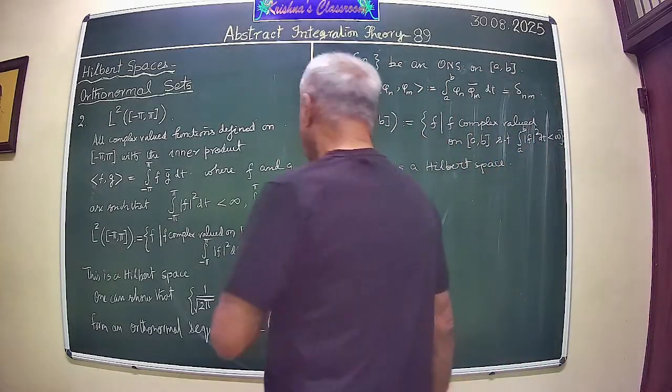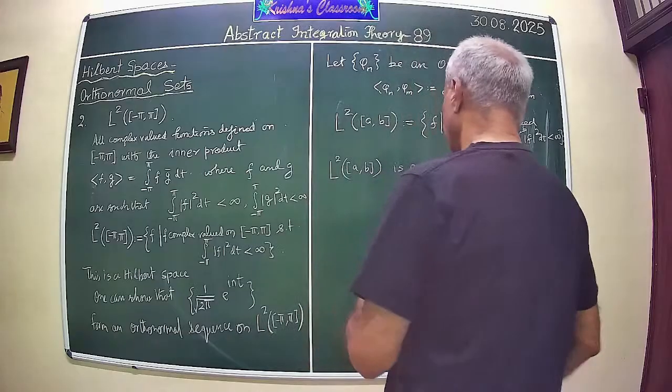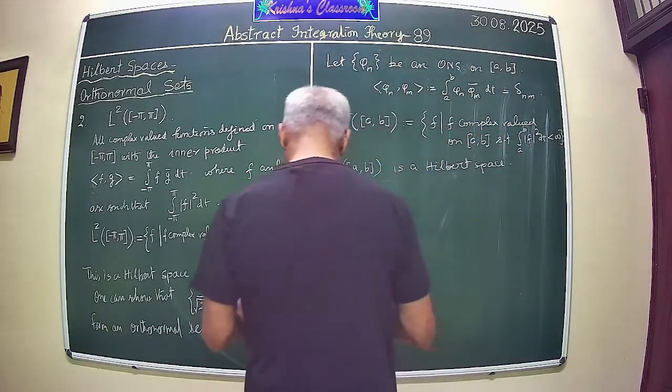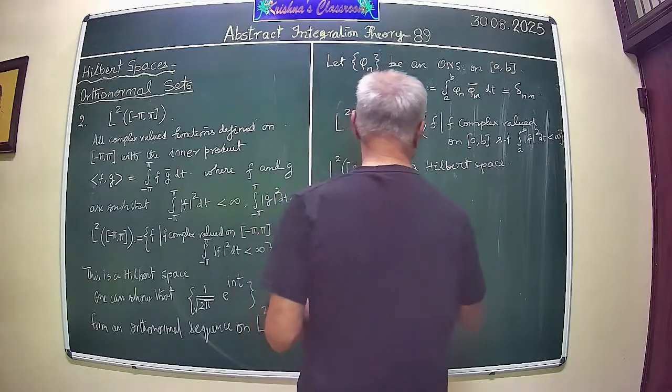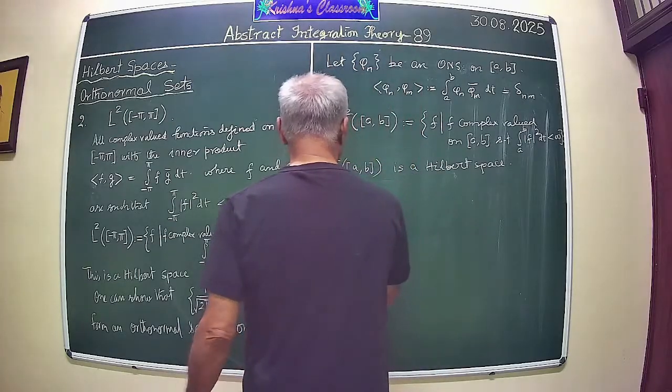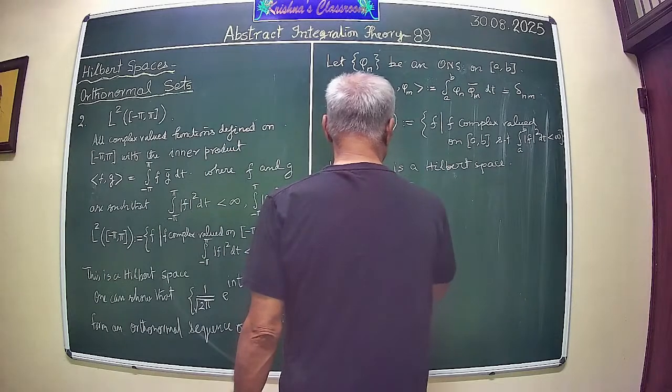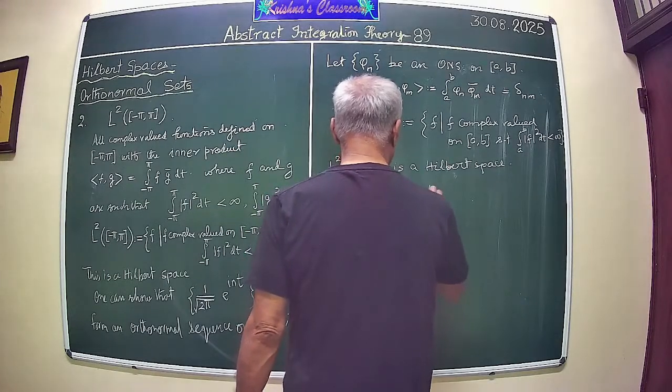Okay. Now we take up a partial collection. Okay, we can do the following. F belongs to L2 AB.